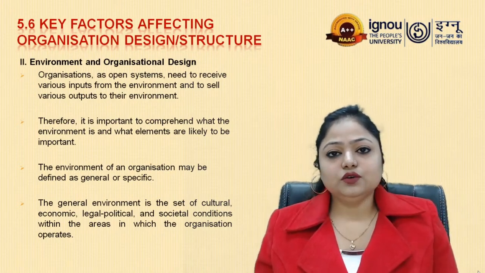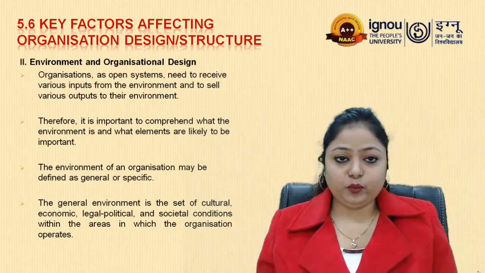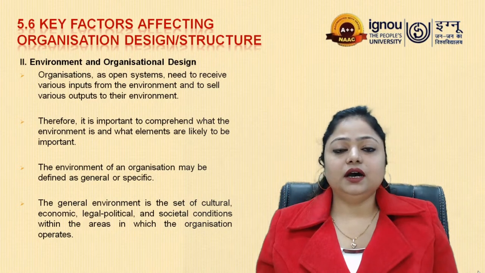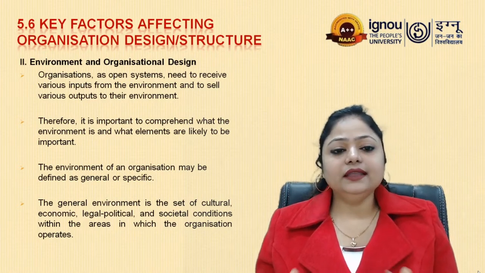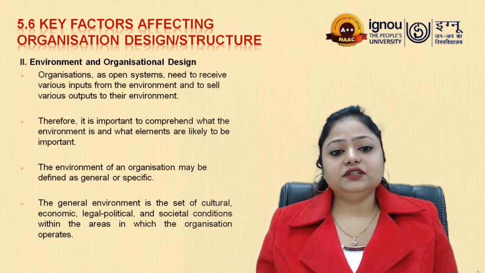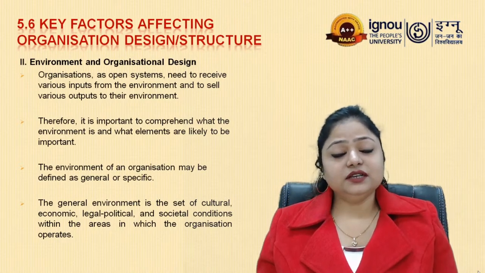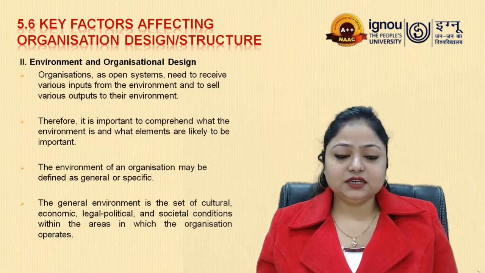In the entire transformation process of transforming input into output, there are various variables or factors in the environment which are going to affect the processing also. So it is important to comprehend what the environment is and what the various elements are that are likely to affect the overall organizational performance.